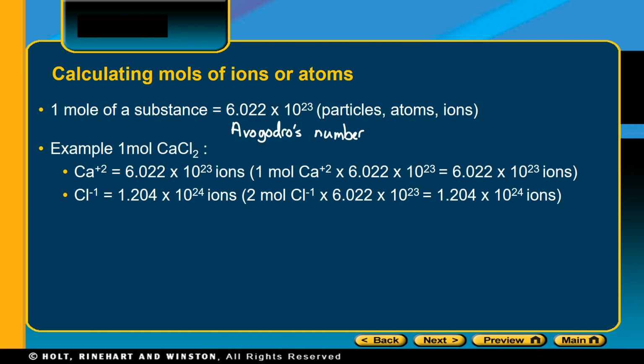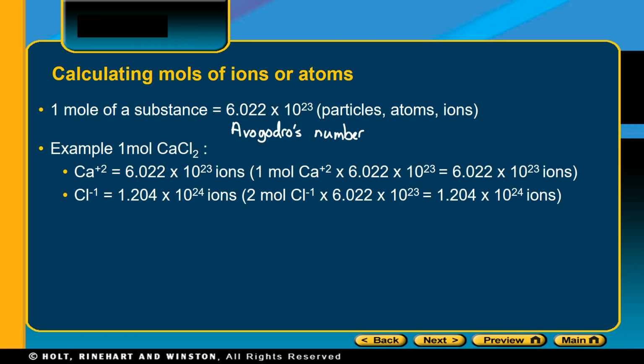So in 1 mole of CaCl2, I have 1 mole of calcium ions. So that means that I have 6.022 times 10 to the 23rd calcium ions. The way that I got there is 1 mole of calcium ions times this number gives me that number. All right, so 1 times anything is that number exactly.